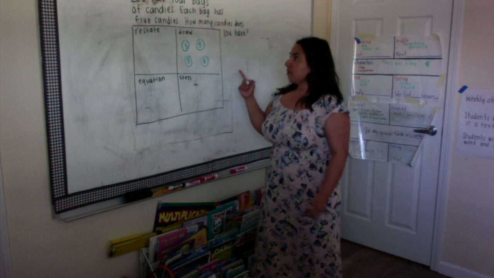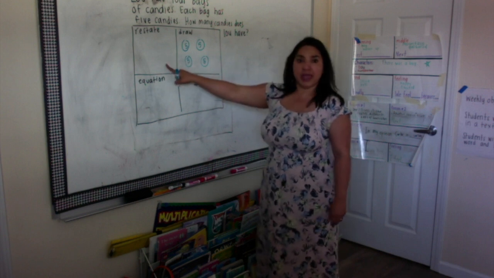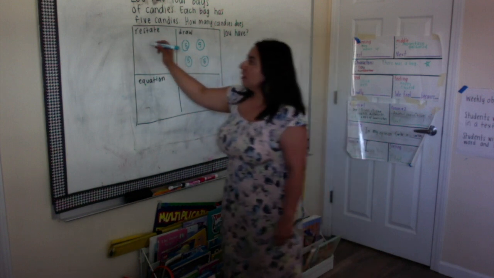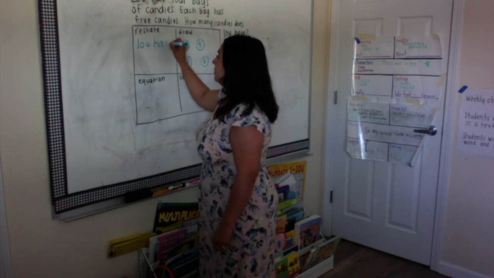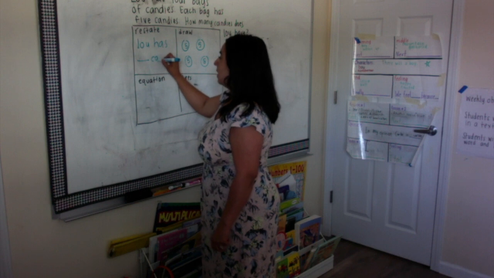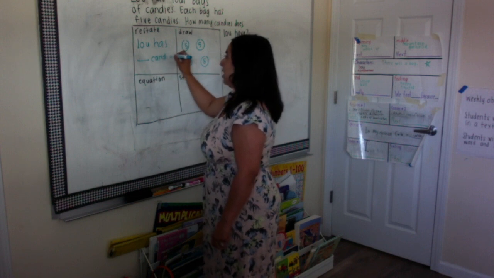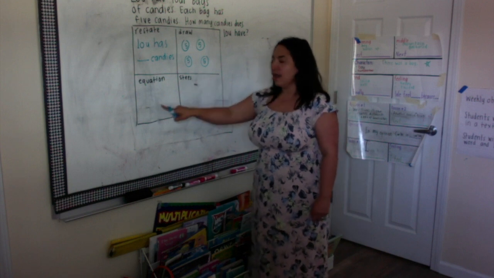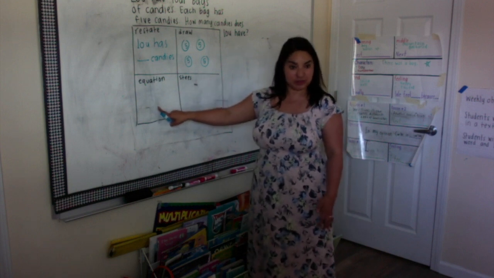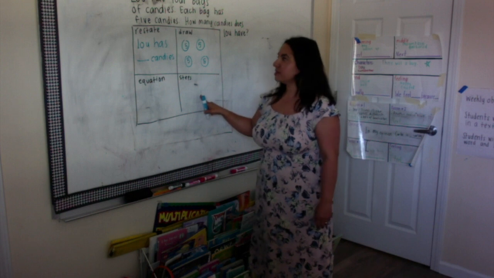So, the first thing that we have to do is restate the question. Lou has blank candies, because we don't know the answer yet, right? And then you drew here, okay? And then we're going to write an equation, and then we're going to list our steps.